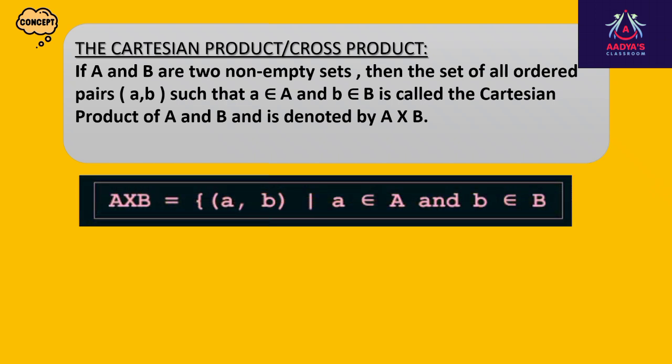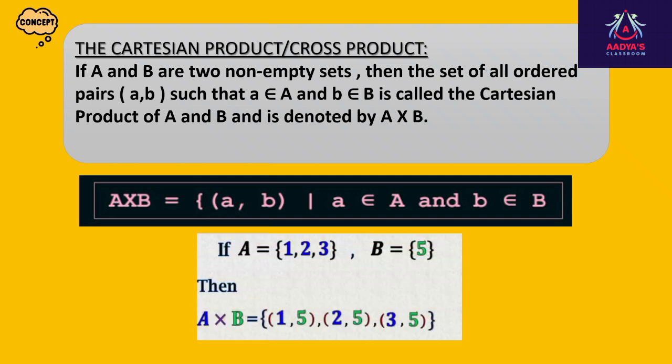So now A cross B is equal to {(a, b) such that a belongs to set A and b belongs to set B}. Alright, we'll take a look at one example. If A is equal to {1, 2, 3}, B is equal to {5}, then A cross B will be, first coordinates, 1, 2 and 3.